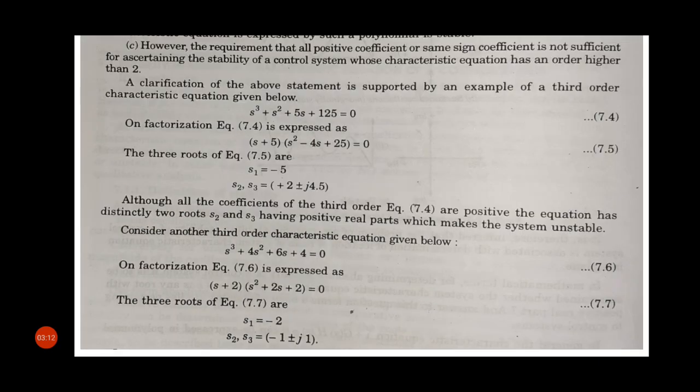Now consider the third case. See, the requirement that all coefficients be positive or of the same sign is not sufficient for ascertaining the stability of a control system whose characteristic equation has an order higher than 2.